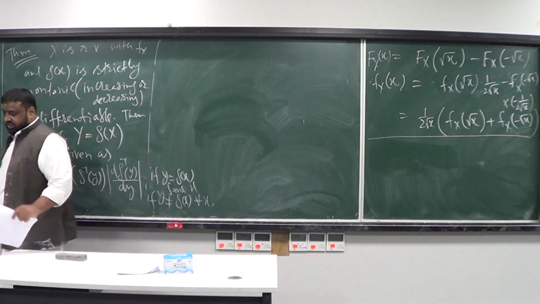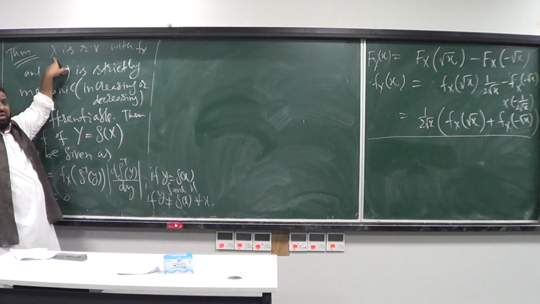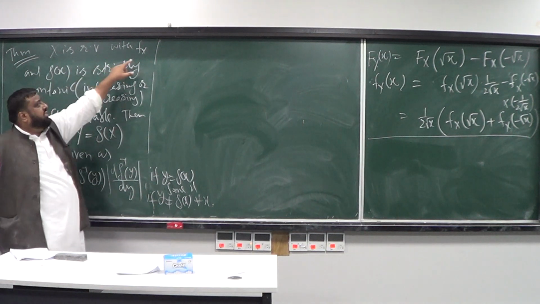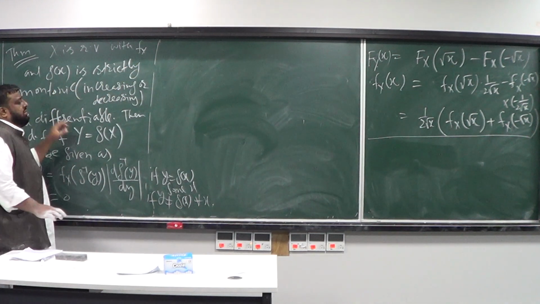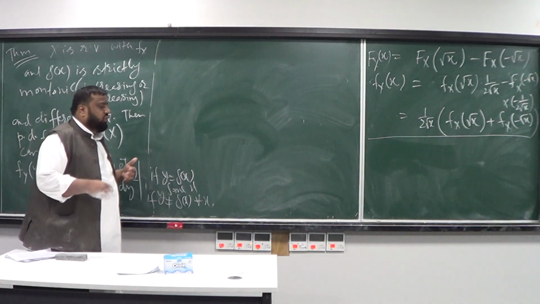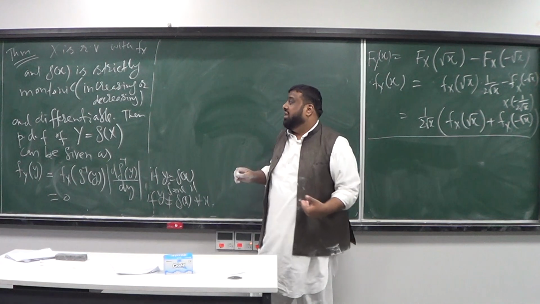So what is this result telling you? Imagine you know the random variable and its PDF, and you have a function that is strictly monotonic, because strict monotonicity gives you invertibility.